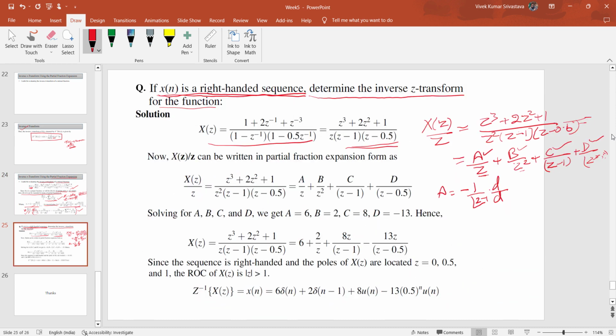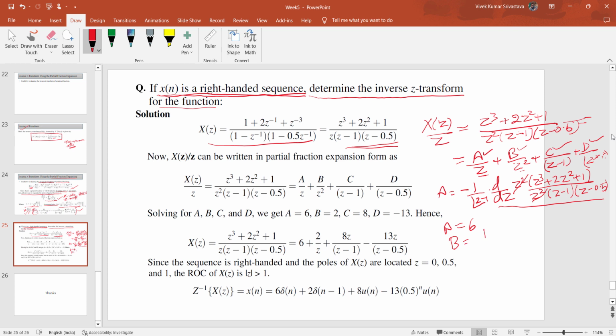So d by dz of z square times z cube plus 2z square plus 1 over z square into z minus 1 into z minus 0.5. This z square will cancel, and once you differentiate this and evaluate, you will get a as 6.